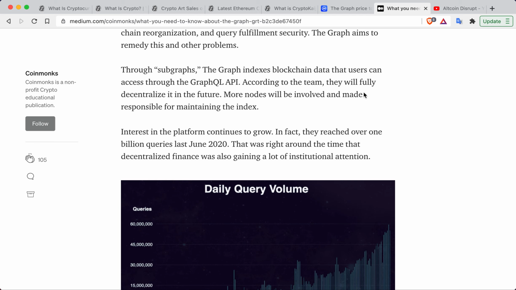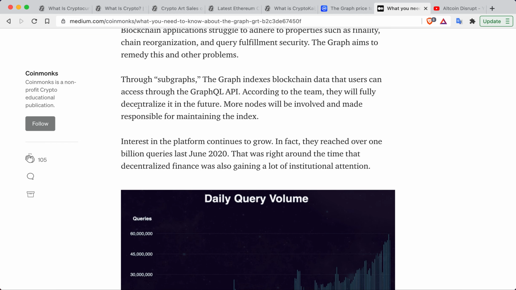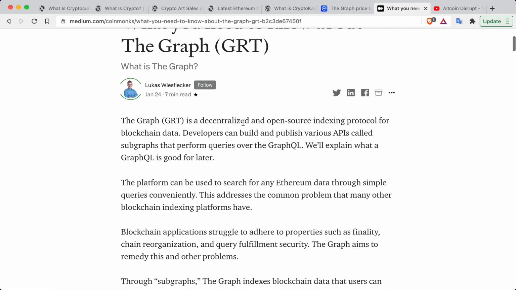According to the team, they'll fully decentralize it in the future. More nodes will be involved and made responsible for maintaining the index. So that's important. That's their mission currently, to have this be fully decentralized in the future.